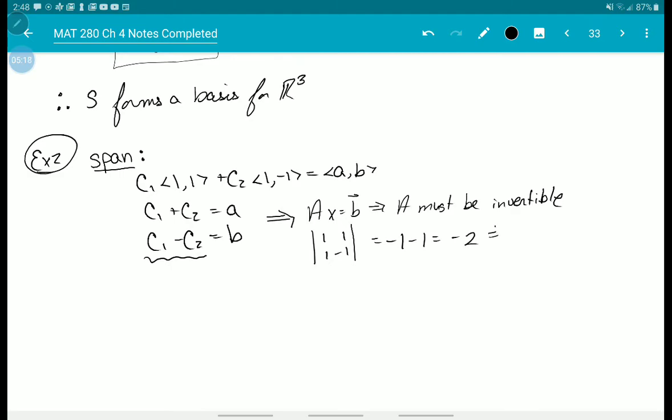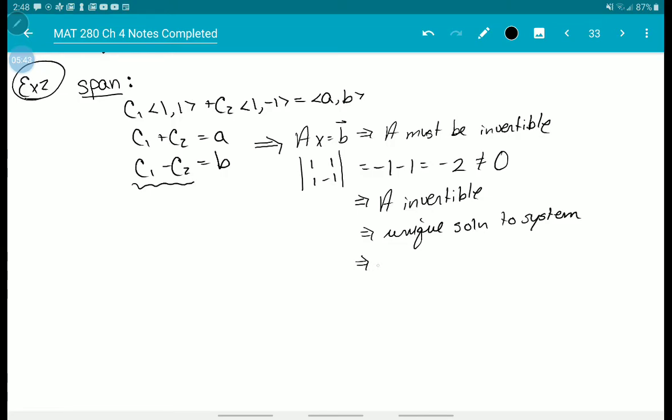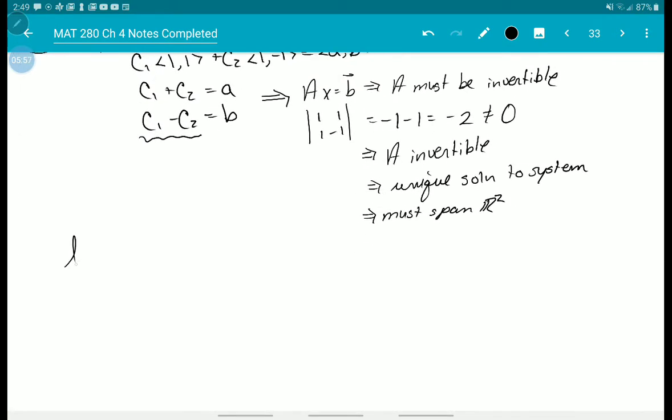We get -2, which is not 0. That means that A is invertible, which guarantees a unique solution. Since there is a unique solution, this must span all of R2. So any vector in R2 can be written as a linear combination of those two vectors. Now we need to show independence.